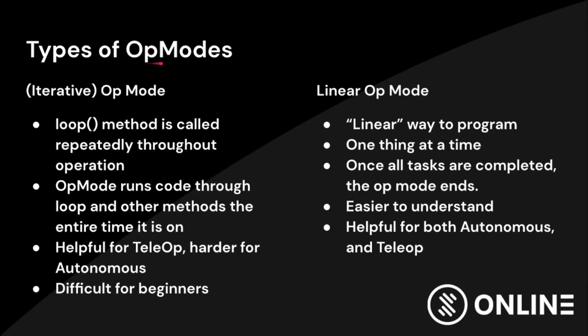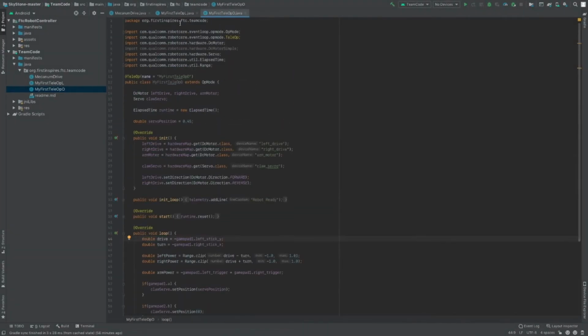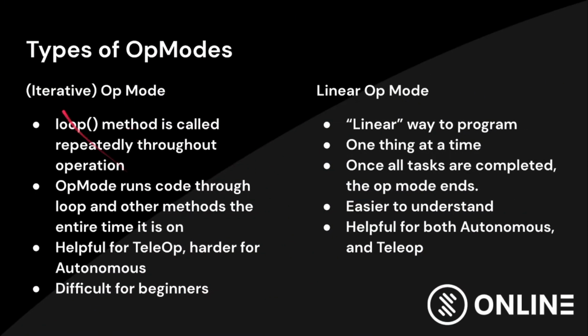Op basically stands for operational, so it's an operational mode, and it's how we're going to program either our autonomous or TeleOp programs. So we had our while op mode is active, and this loop does the exact same thing. The op mode runs code through the loop and other methods the entire time it is on.